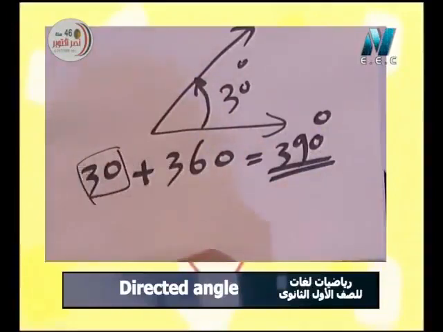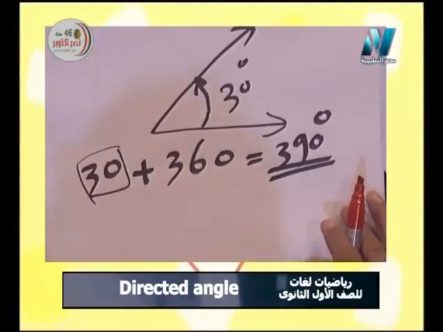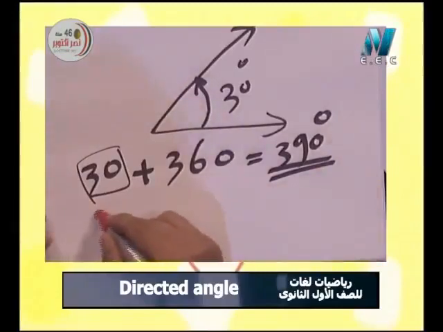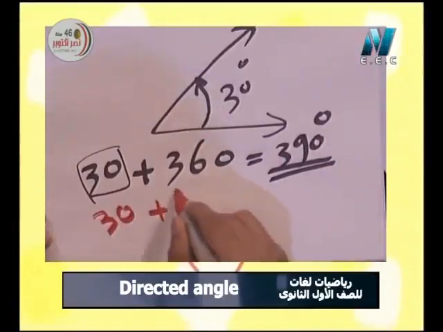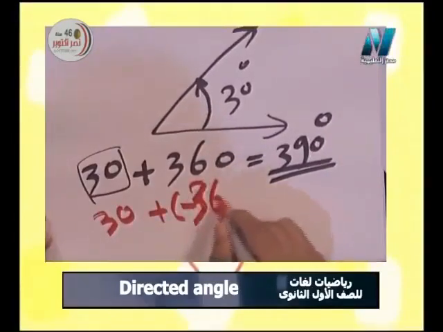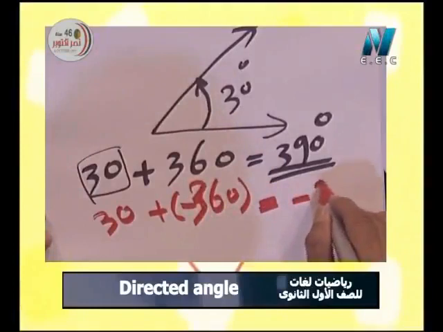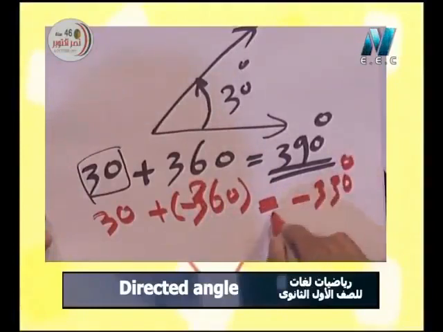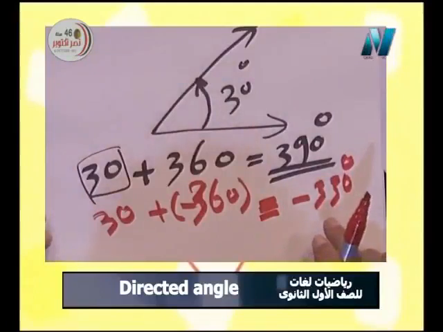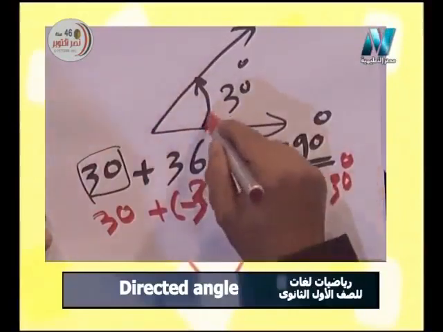And if we want to find another coterminal angle, we add 30 plus negative 360. The answer will be negative 330 degrees. So the angle negative 330 degrees is a negative coterminal angle, or negative equivalent angle, to the angle 30.